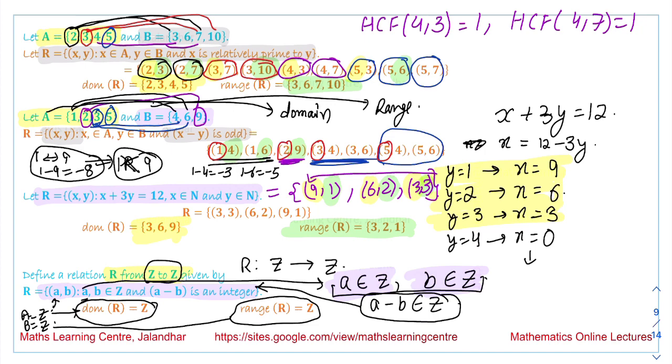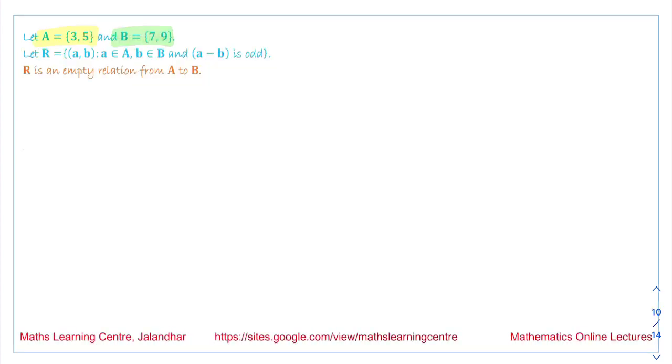Next we have A as the set 3, 5, and B as the set 7, 9, and a relation given that A minus B is odd. So we have to write this relation.